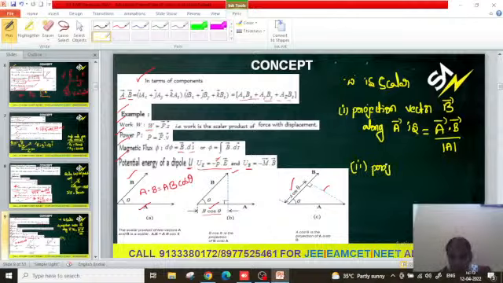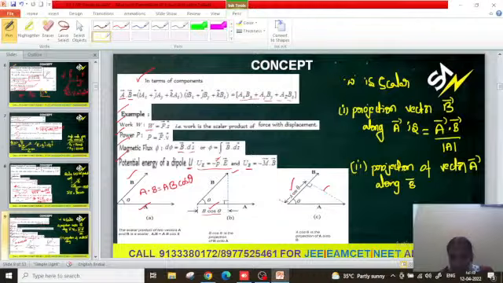the projection of vector A bar along B is equal to, so keep in mind these 2 points in the properties of dot product.